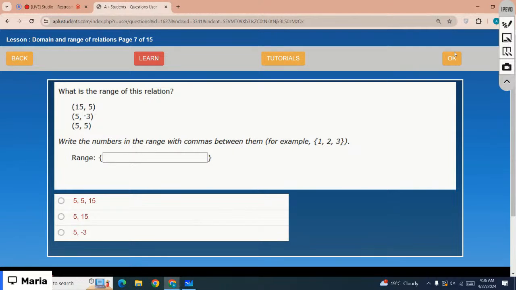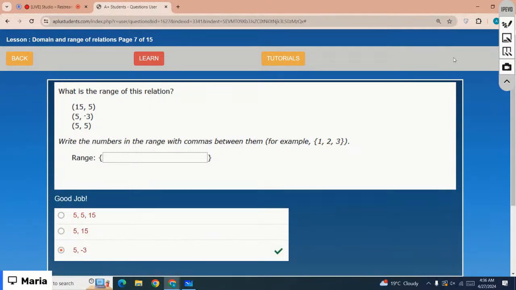That is 5, negative 3 and 5. Option number 3 is the correct option.